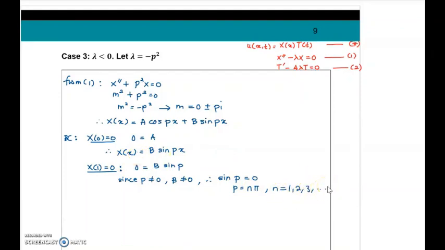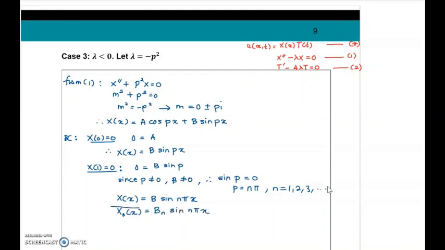So we can simplify by writing the updated solution, x equals b sine n pi x. But there are lots of values of n, so we can write x subscript n of x equals b also as bn, sine n pi x.